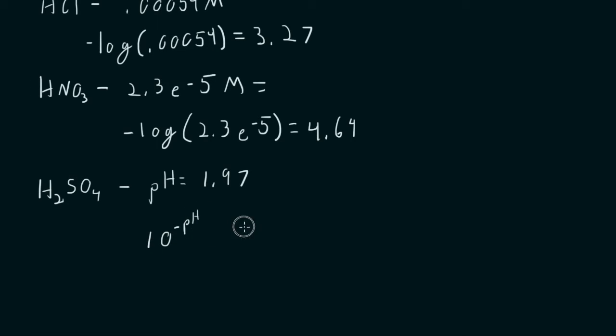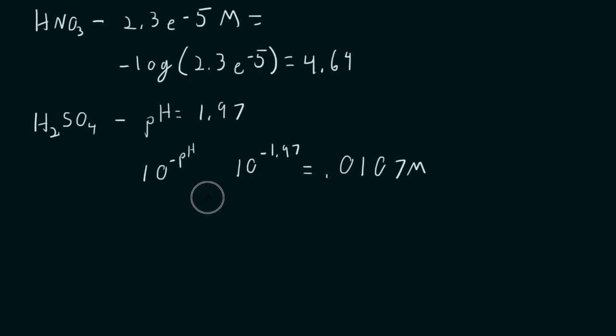So in this case, it's going to be 10 to the negative 1.97. That will give me my concentration, 0.0107 molar. Now that's pretty straightforward. Now notice, as the pH is going down, our acid is more concentrated. So a lower pH means a more acidic solution.